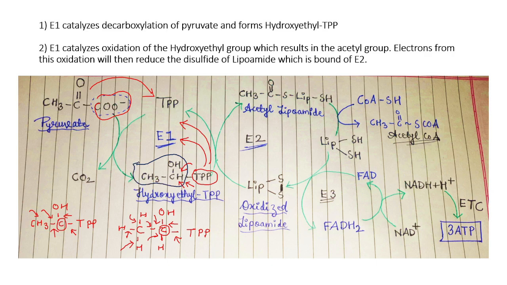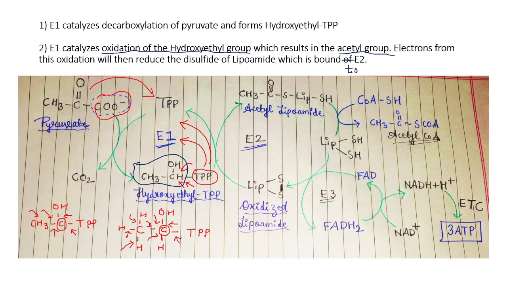Okay. The next statement is: E1 enzyme will catalyze oxidation of the hydroxyethyl group, which results in the acetyl group formation. Electrons from this oxidation will then reduce the disulfide of lipoamide, which is bound to enzyme E2.